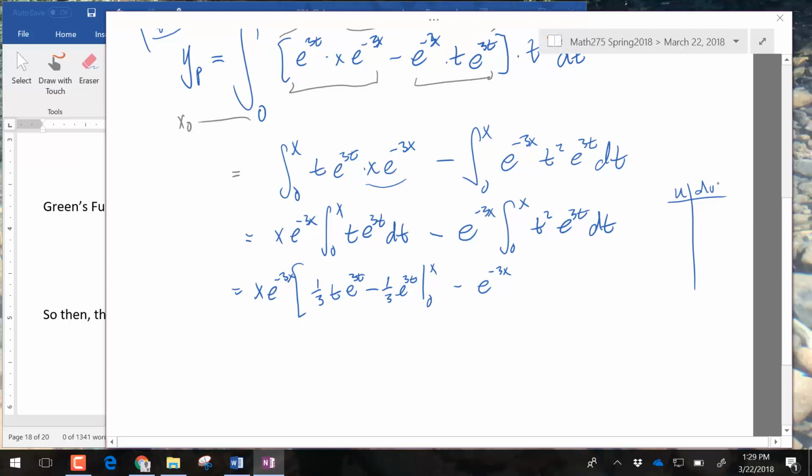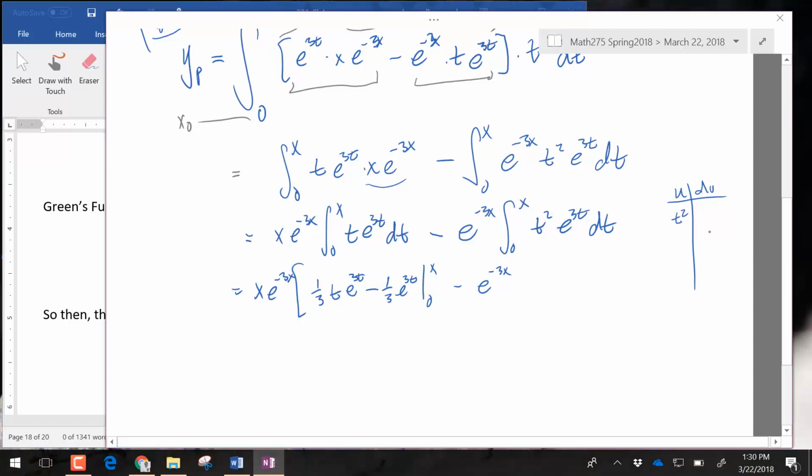This one requires two of them, so you can't do it in your head, but you can just write it down. You got t squared e to the 3t, 2t and 2, and then zeros after that. The antiderivatives are 1/3 e to the 3t and 1/9 e to the 3t. Oh, sorry, I need to shift all this up.